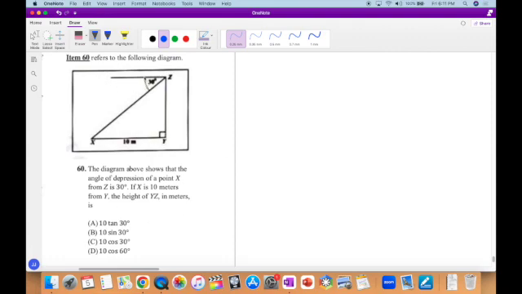So if this angle of depression is 30 degrees, then this will be 30 degrees because this horizontal is taken to be parallel to this, so we'll have alternate angles essentially. Now you can see that I can find the height because this will be the adjacent and this will be the opposite. So it would be 10 tan 30. Do we have that there? Yes, 10 tan 30.